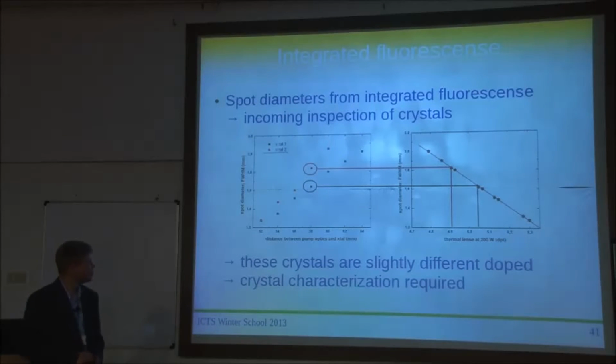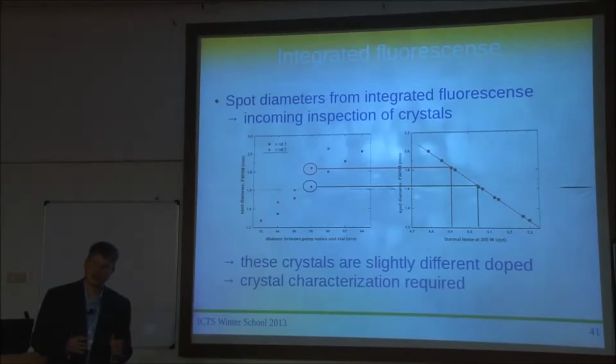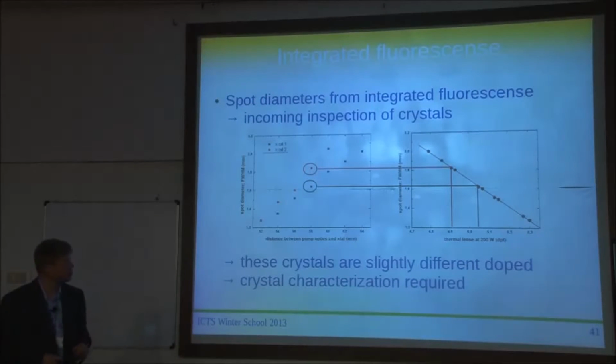The key point on these slides here is that it depends on the doping concentration of the crystals, because if you have a high doping, then a lot of pump light is absorbed in the first few millimeters of that crystal, and there's not that much left in the end, so you normally get a smaller pump spot than in the other case.